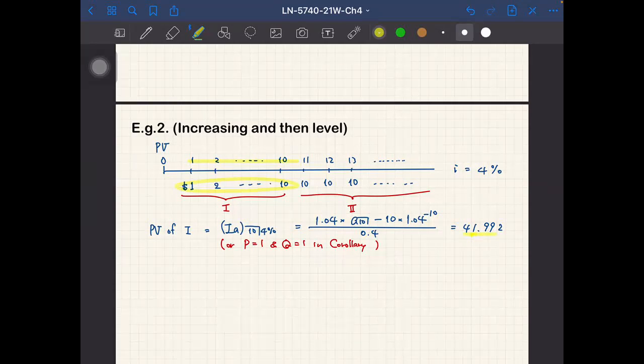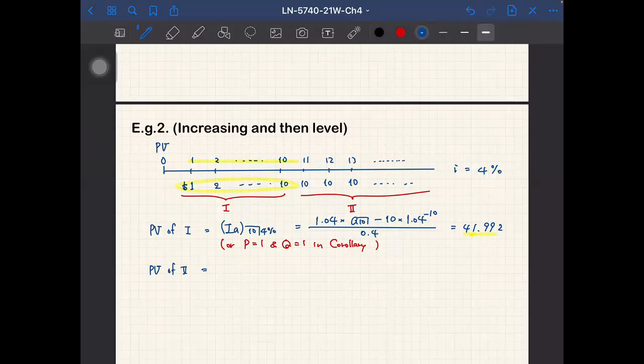And how about the present value of cash flow 2? Cash flow 2 is basically a perpetuity immediate or perpetuity due, but starting at 11. So we regard this as a perpetuity immediate of $10 each.